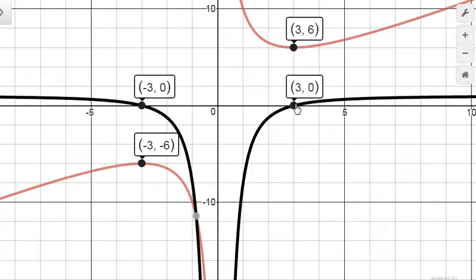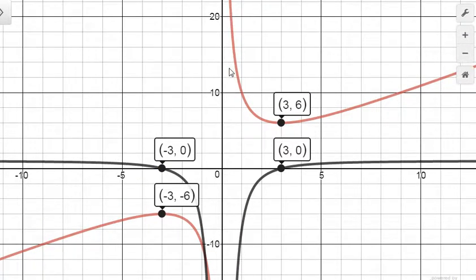To the left of positive 3, what's the sign of the derivative? Negative. And that corresponds to the function over here is decreasing. It's decreasing until we get to 3. At 3, you've got a 0 derivative, then it's positive. Slope of the tangent line here is positive. So there's a nice correspondence.